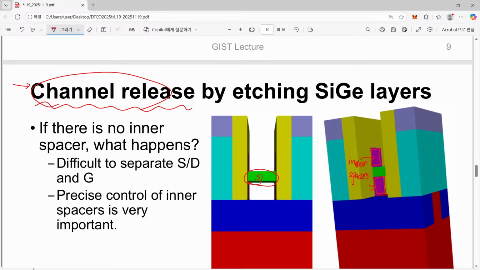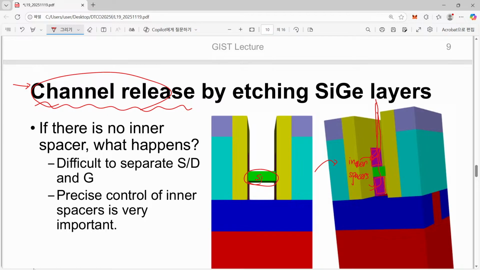So it means that if we don't introduce this inner spacer, then the place for this inner spacer will also be etched away, and now our source and drain is just exposed from this route and this route, from this channel region, gate to gate region.